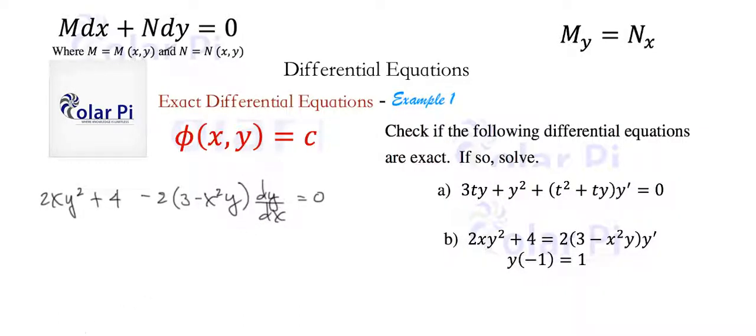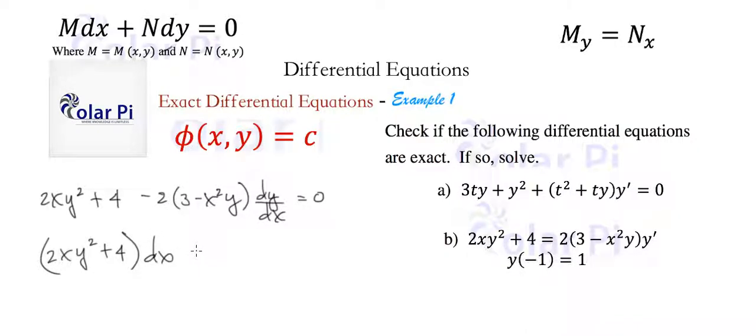Okay, cool. And now if I multiply this on both sides by dx, and at the same time distribute this minus 2, then I'd have to write 2xy squared plus 4 times dx. Remember, I said I was going to multiply both sides of this previous equation by dx, while also distributing that minus 2.